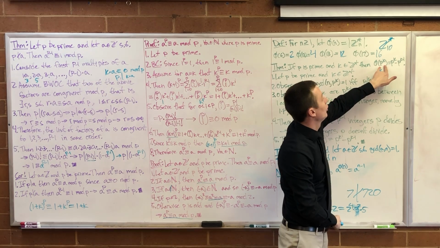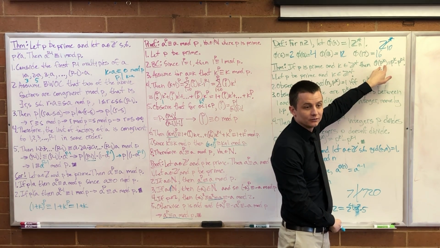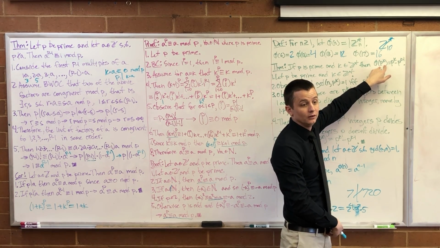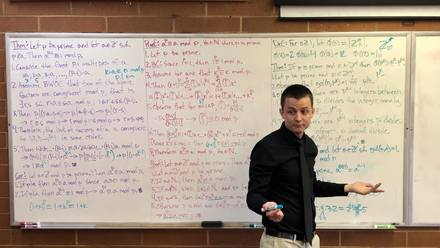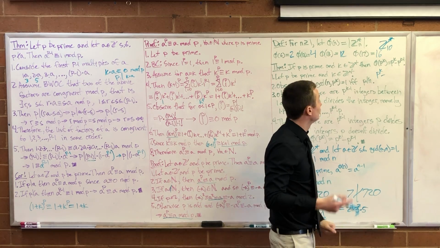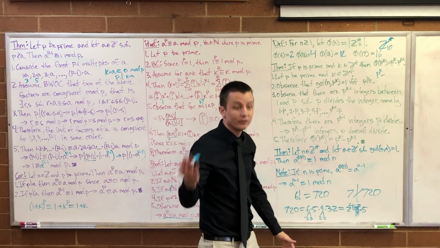So then we're going to subtract away all the numbers that have a common factor with this. Now, what does a number look like if it's going to have a common factor with this? It has to have a p in it, right? So it has to be a multiple of p.